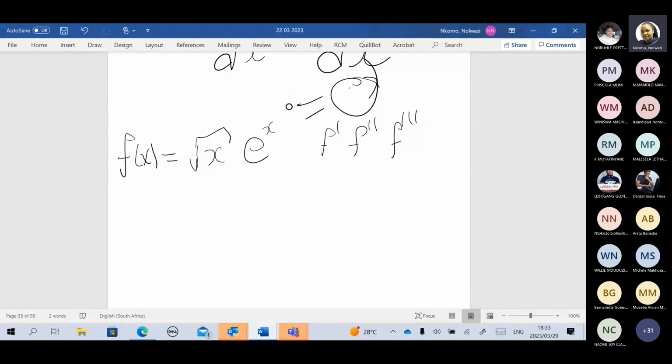We said if we have a function like this, a product of two functions, we have to use the product rule if we're differentiating a product of two functions, right?